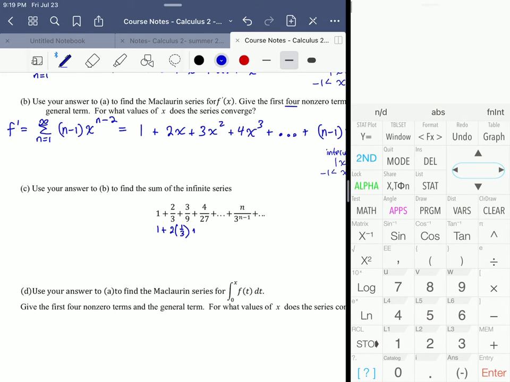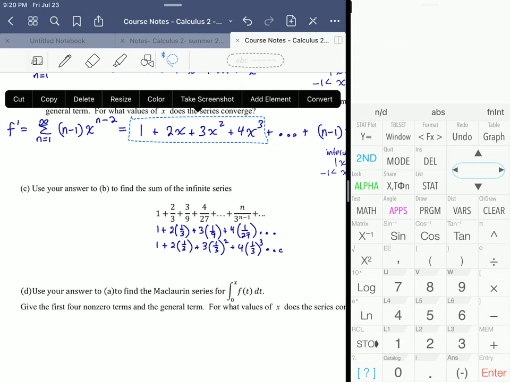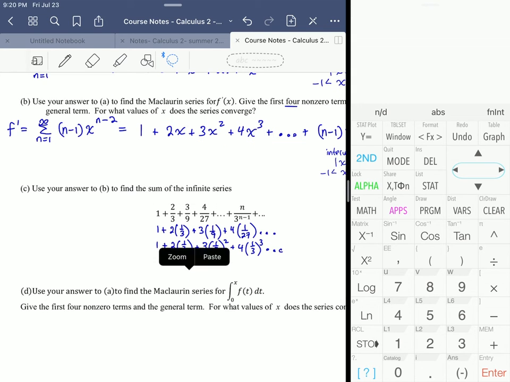So if I rewrite this as 3 times 1/9, 4 times 1/27, and then take that additional step of saying 1 plus 2 times a third plus 3 times 1/3 squared plus 4 times 1/3 to the third, then take the extra step of grabbing my work from up here, bringing it down, matching it up. I'll change the color so it's a little bit more obvious.